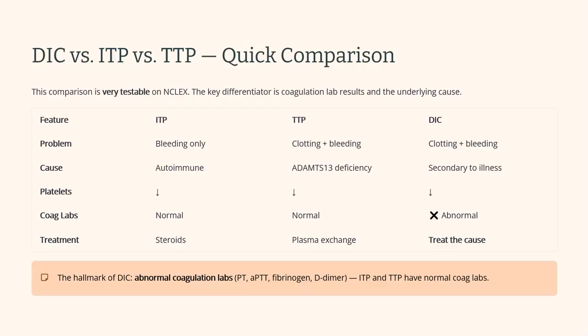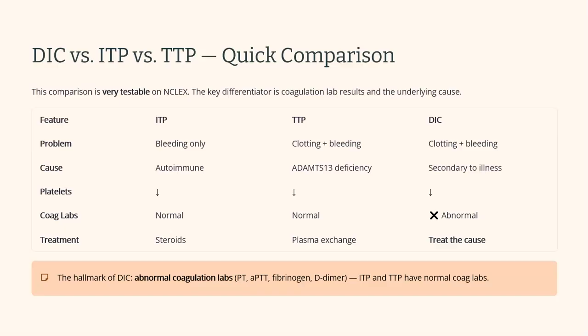And here's a nice comparison chart between DIC, ITP, and TTP. Which one has abnormal coagulation labs? Hopefully you're thinking DIC. Which one is an autoimmune disorder that results in bleeding only? Hopefully you're thinking ITP. And then lastly, which one is a clotting disorder that can result in neural symptoms?